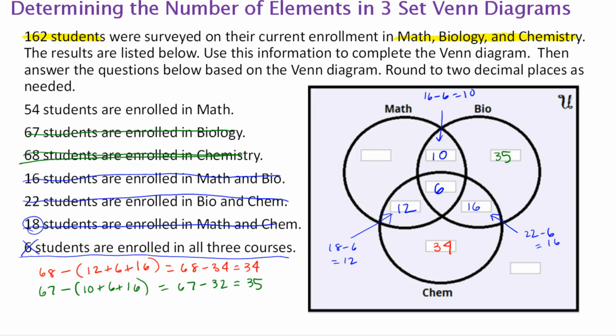And lastly, 54 students are enrolled in math. We want to subtract 10, 12, and 6. So 10 plus 12 plus 6. We'll add those together and subtract them. So this is 28. So 54 minus 28, which is 26.